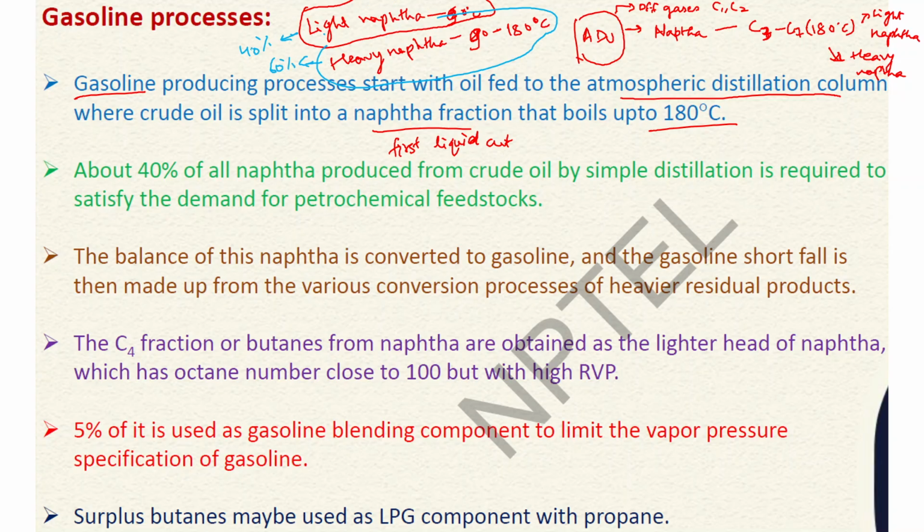Means the total naphtha consists of almost 40% light naphtha and 60% heavy naphtha.